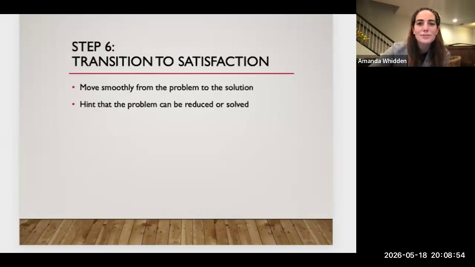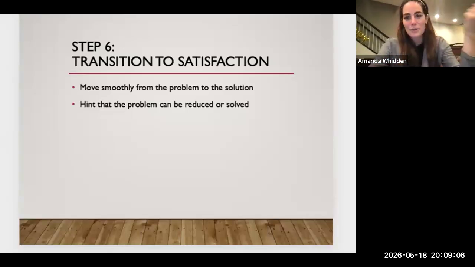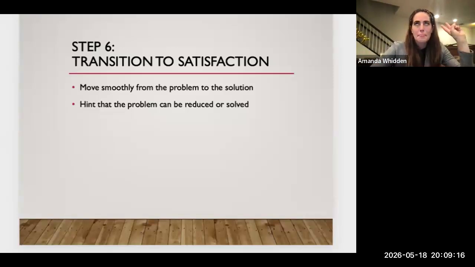So, what we do after we have established that is we move to our satisfaction step. To move smoothly from that problem to the solution, it's important that you hint at how the problem could, in fact, be reduced or solved using your solution. I provided you with a couple special ways to do that as well within the module that you will see in the full step-by-step breakdown of the need. But this transition is important, and you should always have a transition before each main point, right?